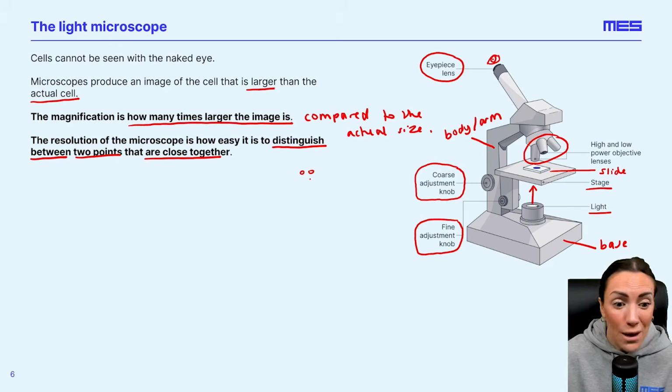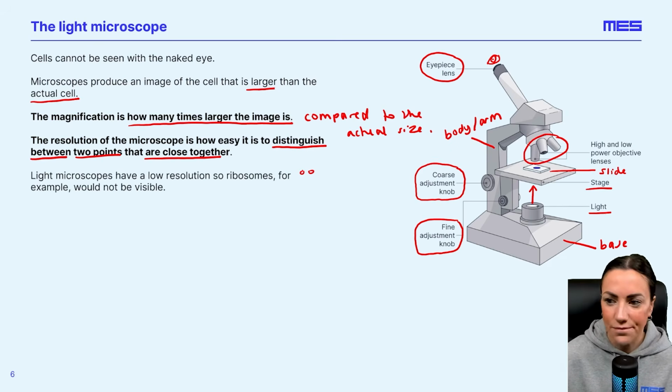And they would look like one blob. But with a higher resolution, you are able to distinguish between those 2 points or those 2 objects that are close together. So this does lead to better clarity, a clearer or a more detailed image, the higher the resolution is. Light microscopes have quite a low resolution, especially compared to an electron microscope. So really small organelles like ribosomes would not be visible. You would not be able to distinguish those ribosomes as separate objects.